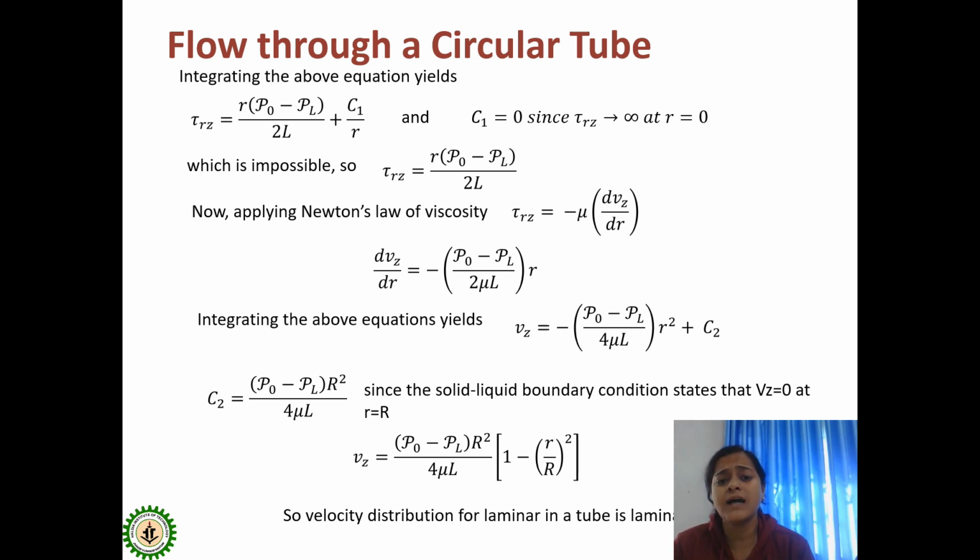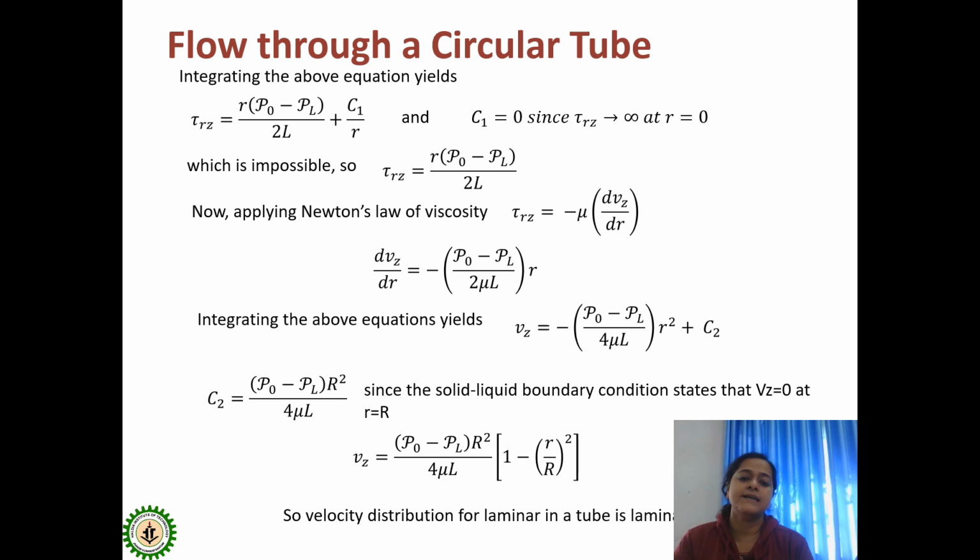Then the shear stress tau rz is compared by applying Newton's law of viscosity. What is Newton's law of viscosity? Tau rz equals minus mu into dvz by dr. Putting the value of tau rz in that equation, we get dvz by dr equals minus (small p0 minus small pL) divided by 2 mu L, into r.